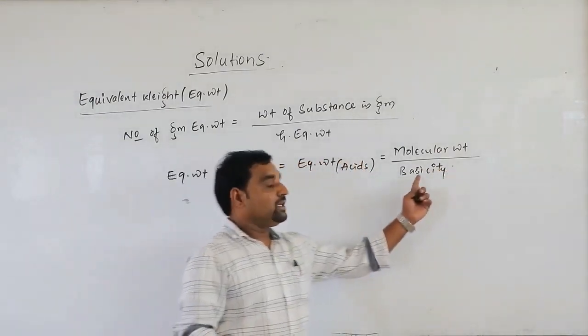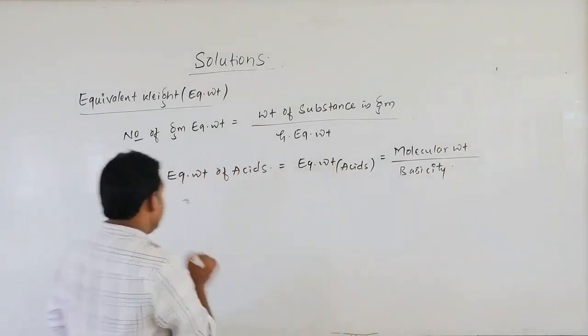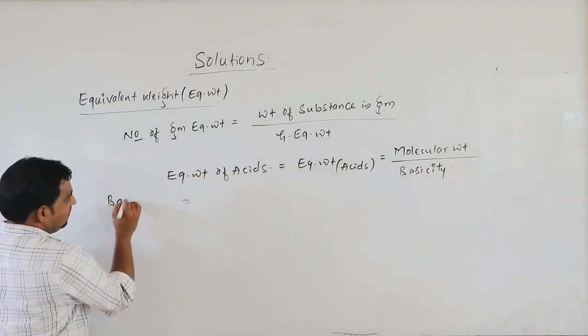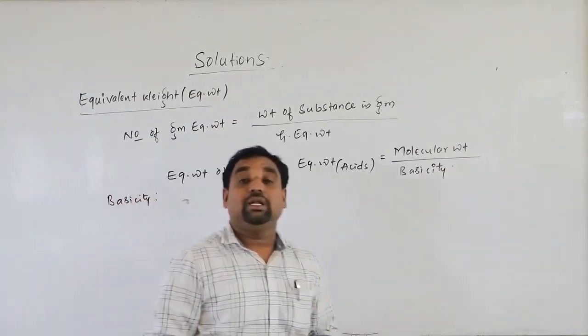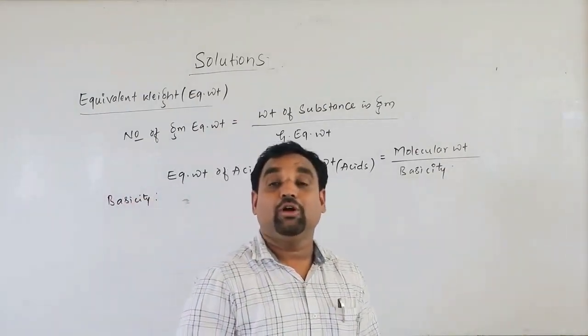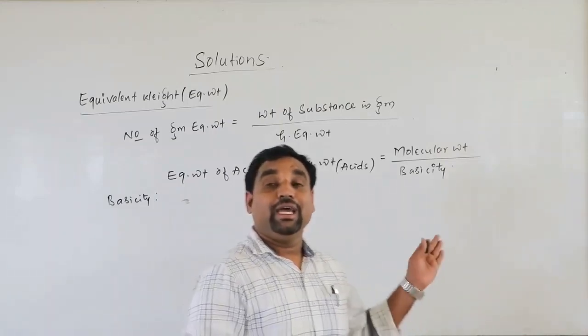Now how to calculate the basicity? Basicity means the number of replaceable hydrogen atoms by the metal of an acid.